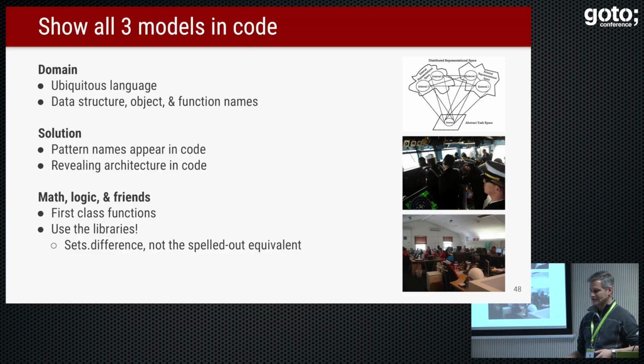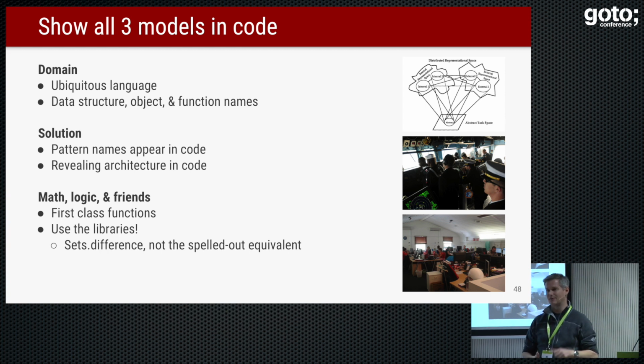So I'm gonna suggest, and maybe you guys are already 10 steps ahead of me on this one, that we gotta make sure that all 3 of these kinds of models are showing up in our code. So when I say, hey, show me the models in your code, and you show me customer and account, I'm like, great, you got 1 out of 3. Okay?